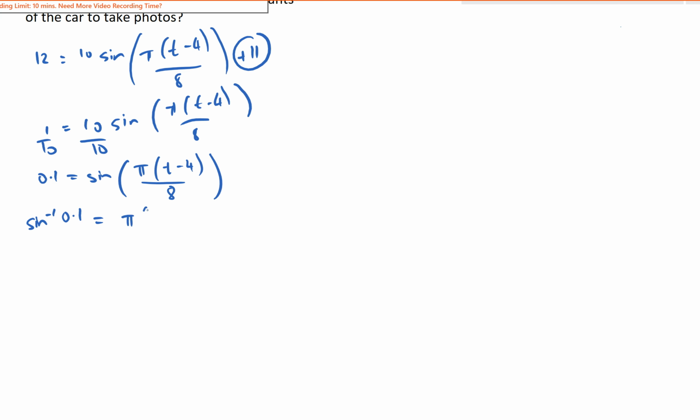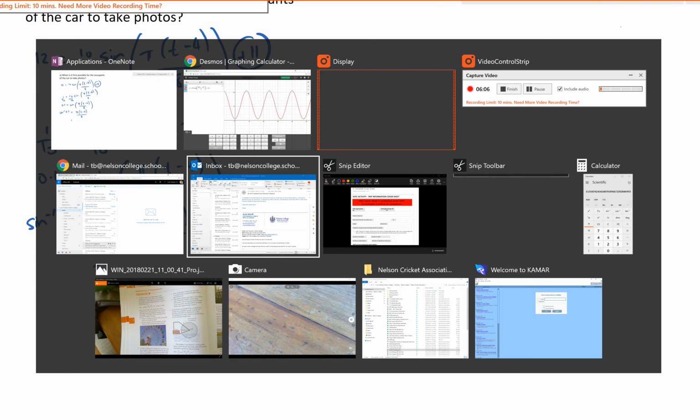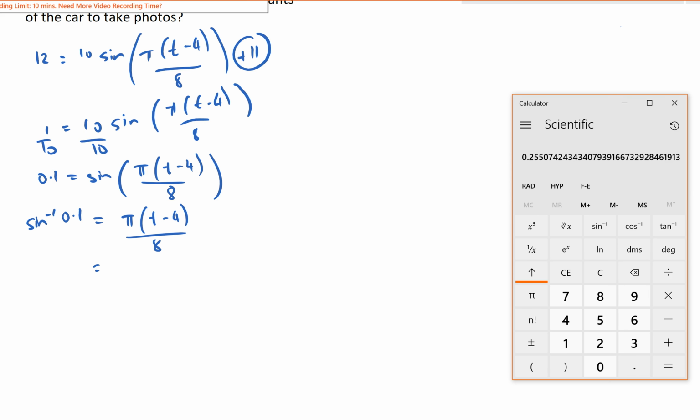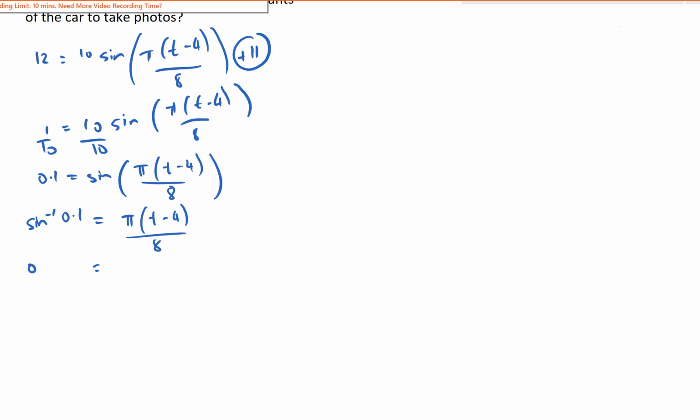We're going to get pi(t minus 4)/8. So we're going to go 0.1 shift sine, so that's 0.1002. That's the same as pi(t minus 4)/8. Now we need to get rid of this pi over 8 part, so we're going to times both sides by 8 over pi. That'll get rid of that.